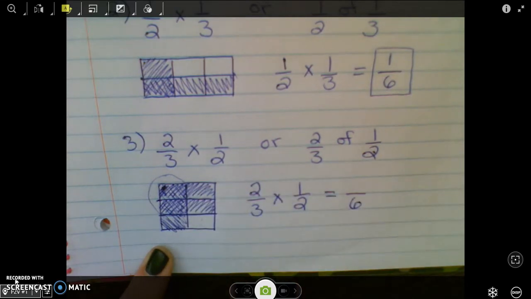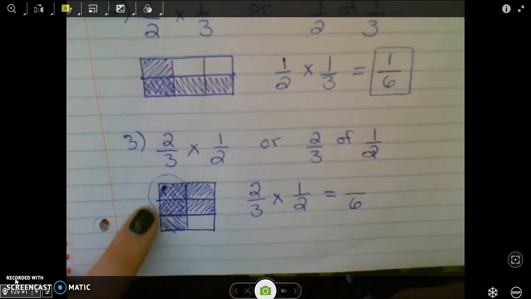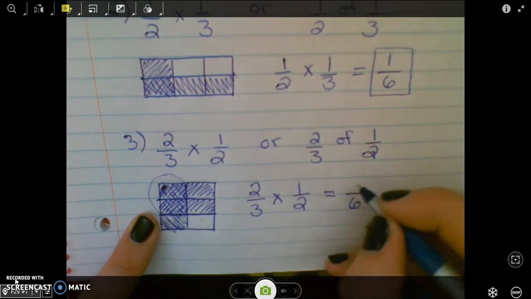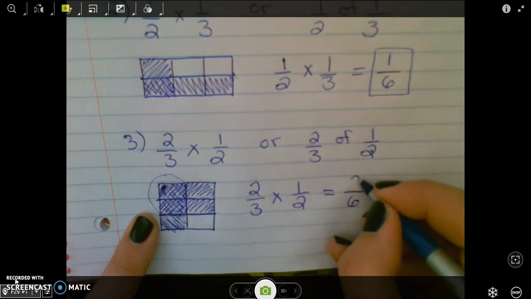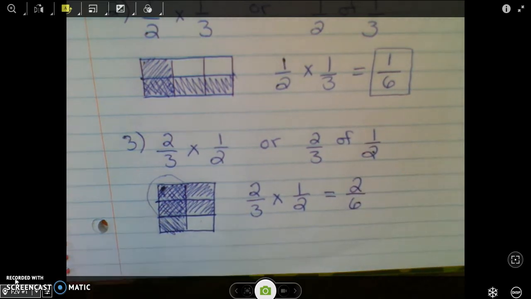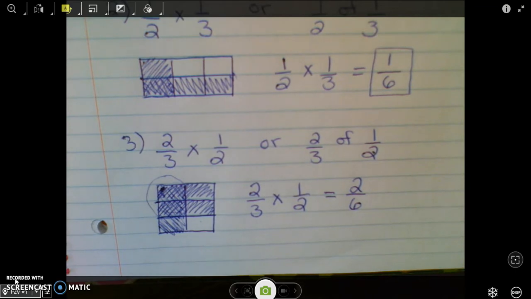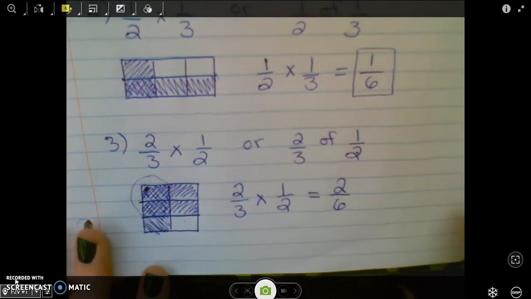Okay, so those 2 are going to be my numerator, because of the 6 boxes that this model has created, 2 of them are overlapping. So that would be my answer. Again, your answer is where they crisscross, where they're overlapping. It's the darker section. If it's just using gray instead of these crisscross lines, that's my answer.